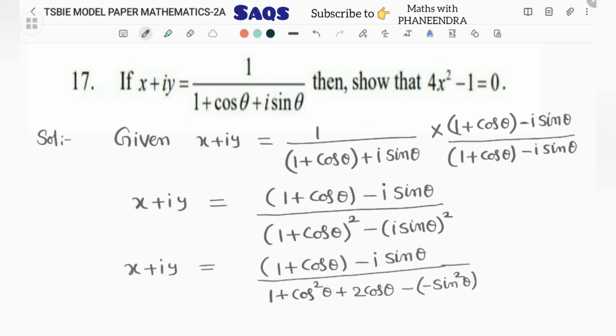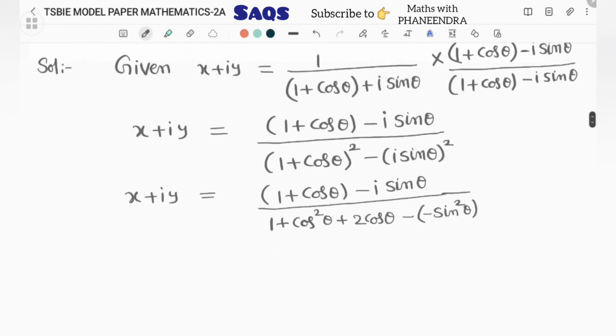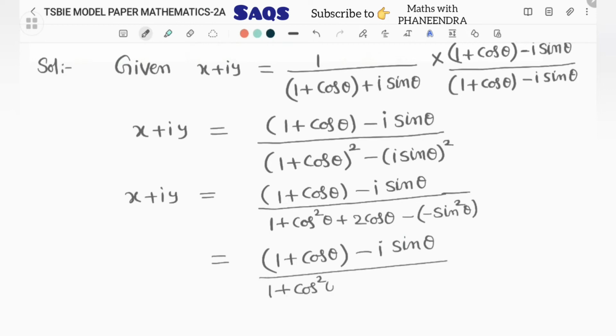Here i square value is minus 1. You also know that. So minus into minus is plus. One plus cos theta minus i sin theta divided by 1 plus cos square theta plus 2 cos theta plus sin square theta.